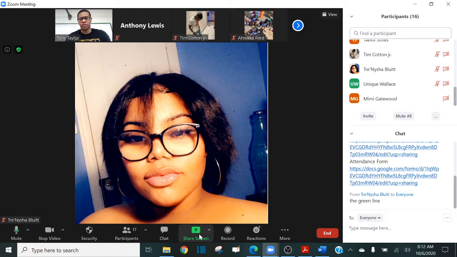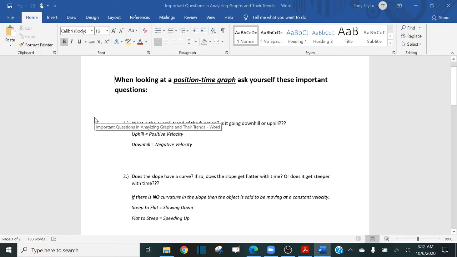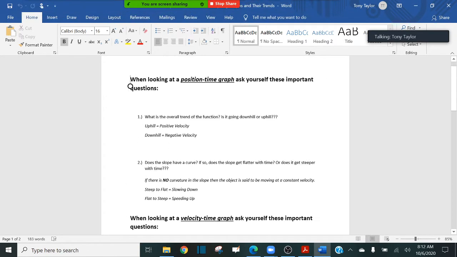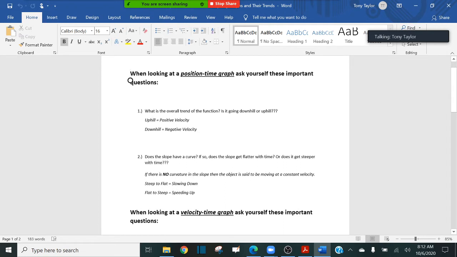So let me get ready to share my screen here. Okay, if you guys can see my screen, these important notes I have actually uploaded into Schoology right now, and you can even use these to do your Ed Puzzle assignment later today. Basically, whenever we're looking at a position time graph and we want to use it to describe the motion of a moving object, these are the specific trends you need to look for.